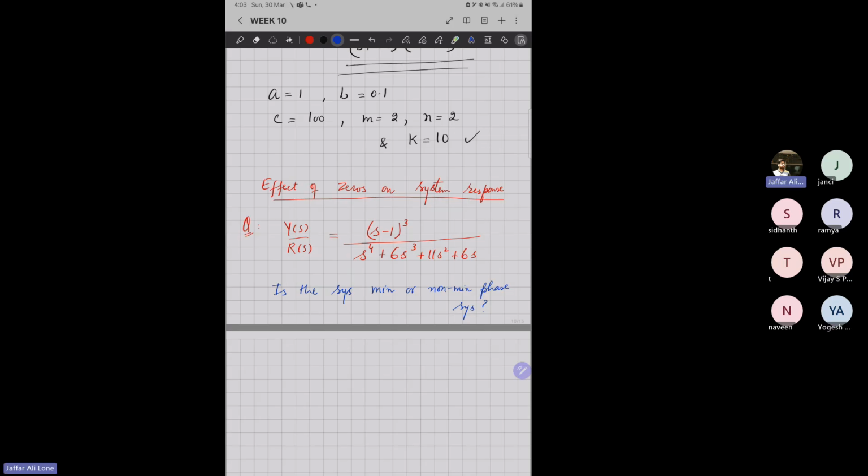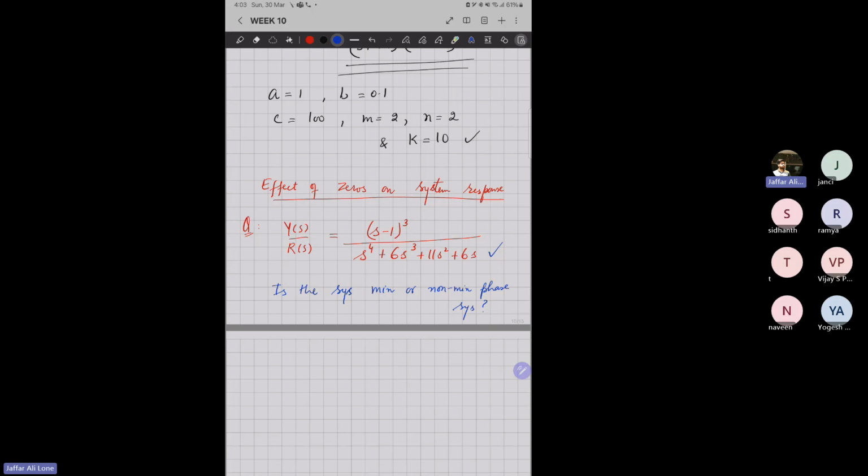Now, if your poles are in the left half, but zeros are in the right half, then what happens to the response? We know stability is due to the poles, right? So let's assume we have this transfer function where all my poles are in the left half. So I know my system is stable. It's not a minimum phase system, but this system is stable, because my poles are lying in the left half.